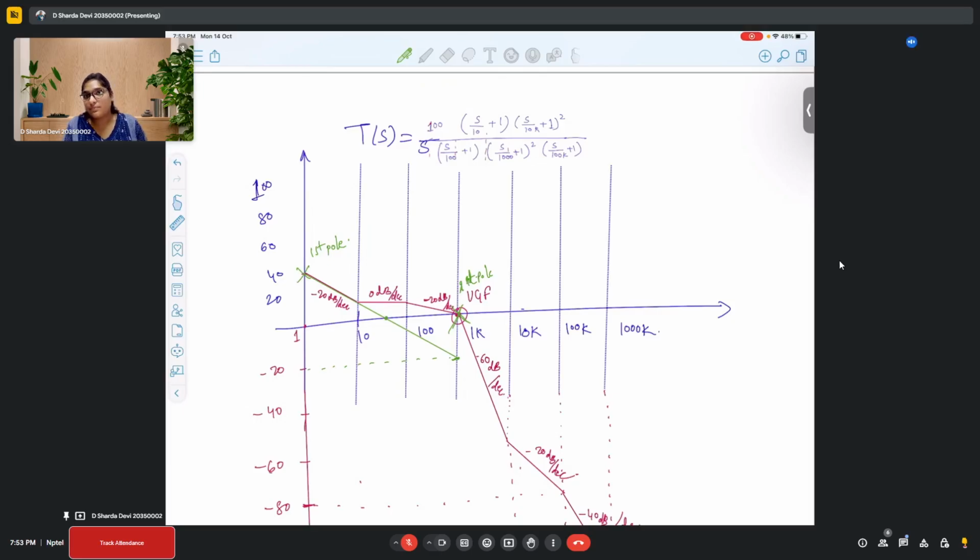Just a general question: why at 1 hertz? Why not, let's say, 0.1 or 0.01 hertz? Is 1 hertz a standard? No, it's not like that. It's just that you start your graph, right? When I'm drawing my graph from 10, 100, 1000, the step before is 1.